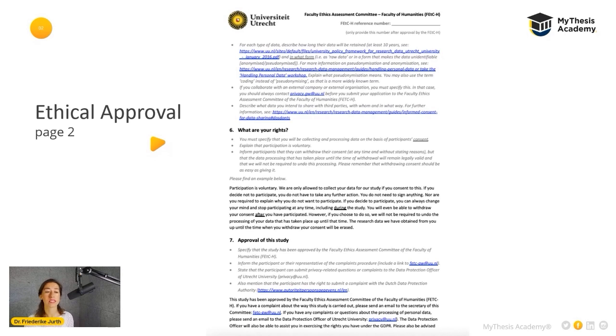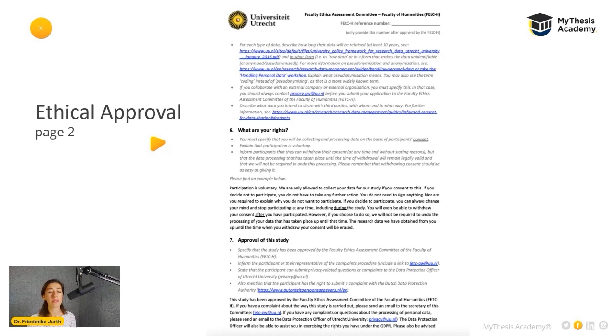And then you also will need to describe for each type of data how long the data will be retained, and in what form also. This is something which is important, not only for the information of the participants, but also for the ethics committee.